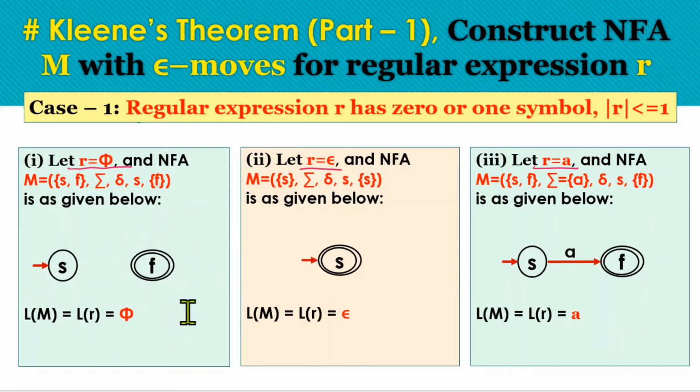If the language is only null, then the initial state is the final state. If we have only one symbol, we have a single path from the initial state to the final state on that input symbol.